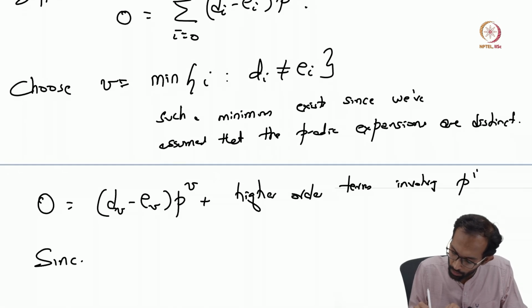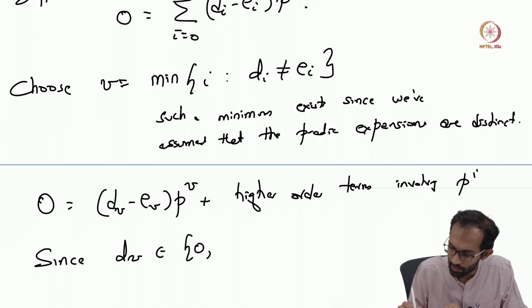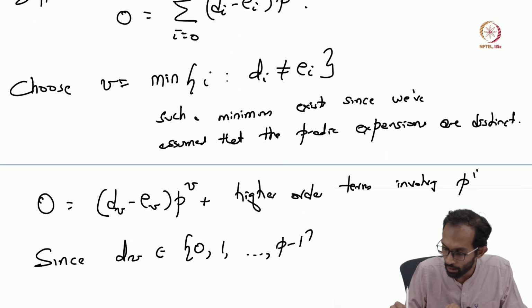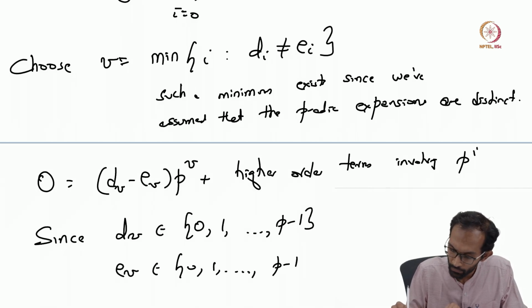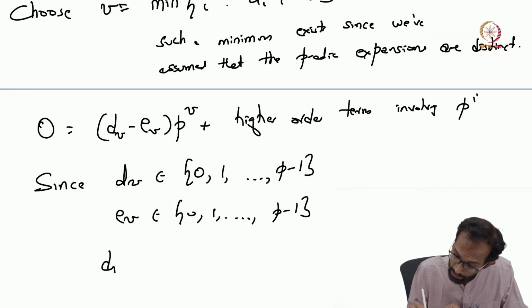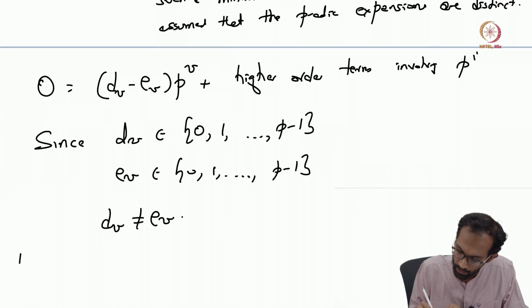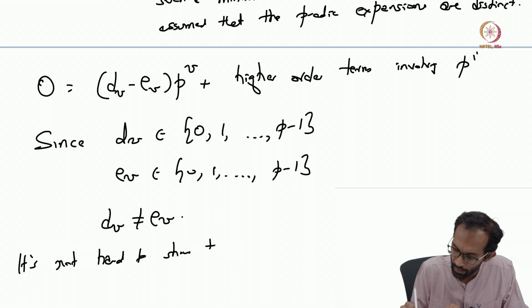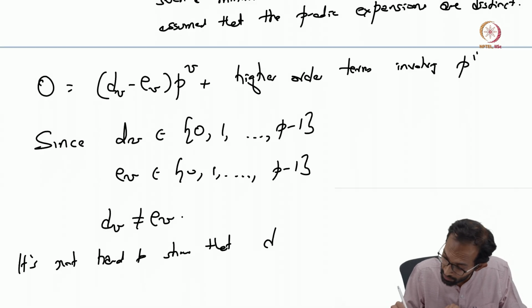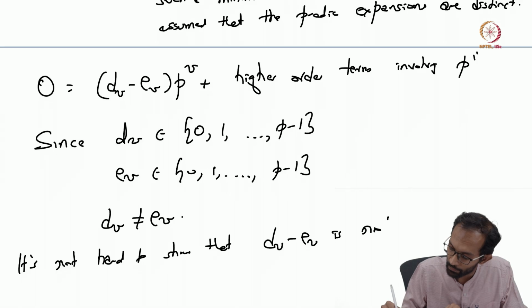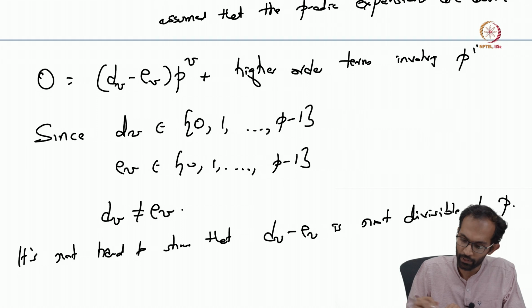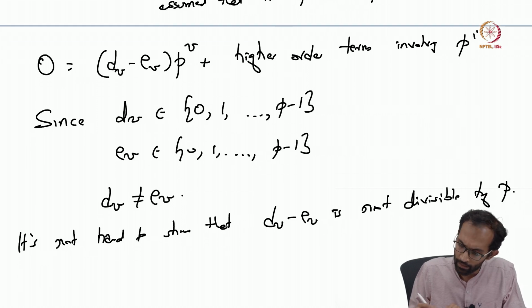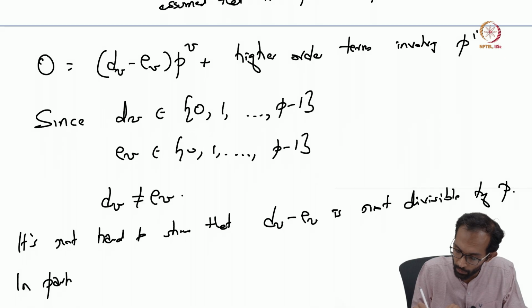But since dv is in this finite set 0 up to p minus 1, and ev is also in this set 0 up to p minus 1, and dv is not equal to ev, it's not hard to show that this difference dv minus ev is not divisible by p. Okay, so it's an easy exercise.